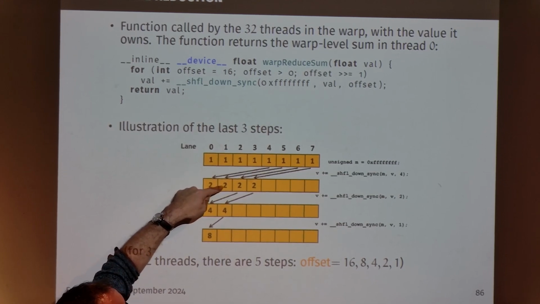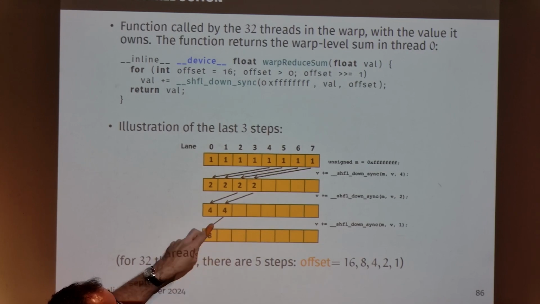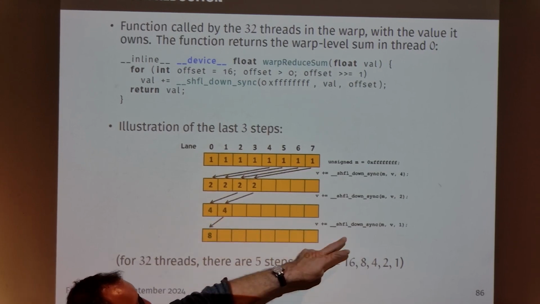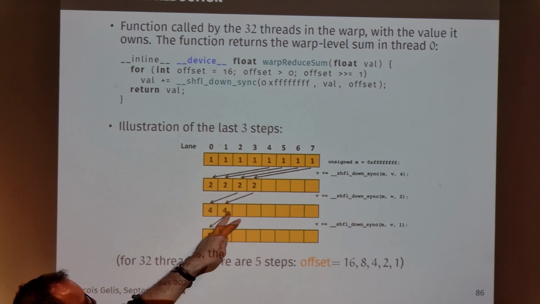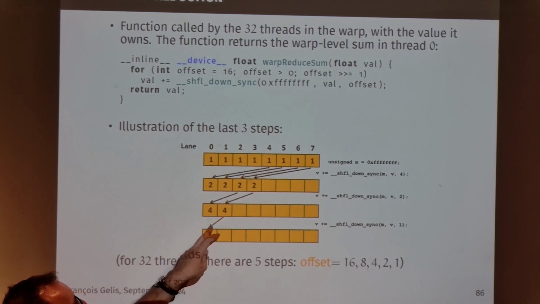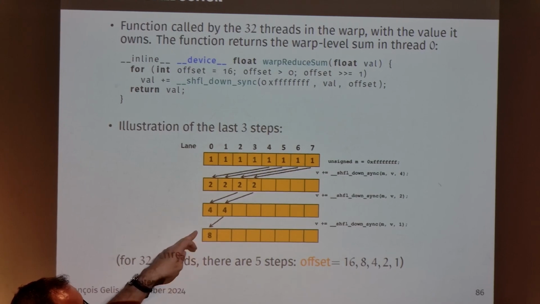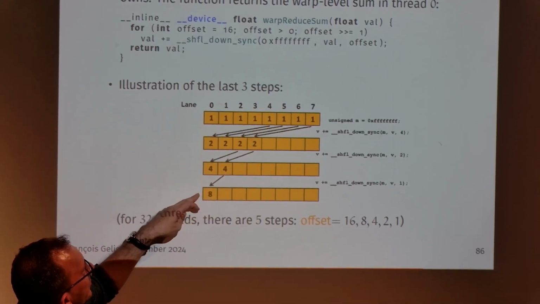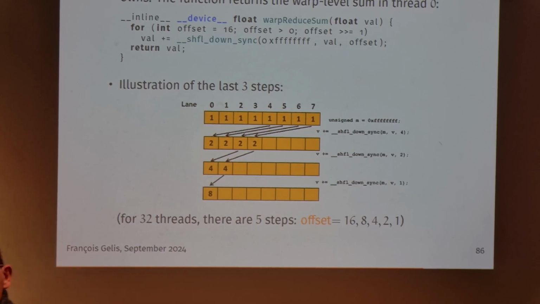The thread 1 will do the same and obtain 4. And then the last step has offset 1, and thread 0 looks at offset 1 and adds the 2 values. At the end of this function, the first thread in the group of 32 holds the sum of all the elements that were present in this array of 32 values.